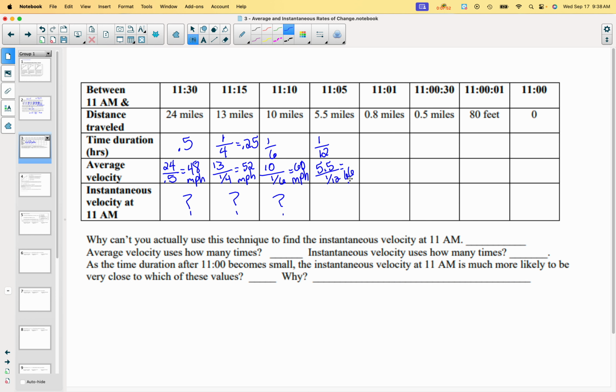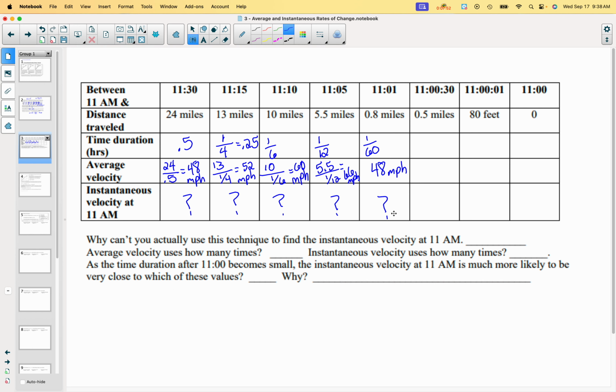So 66 miles per hour. Don't know if that's a good estimate or not. Still don't know the instantaneous. So on this next one, 1 minute is 1/60th of an hour. If you take 0.8 and divide by 1/60, you get 48 miles per hour. You can check if you don't believe me. Still don't know, even though we're really getting a lot closer to 11 o'clock.